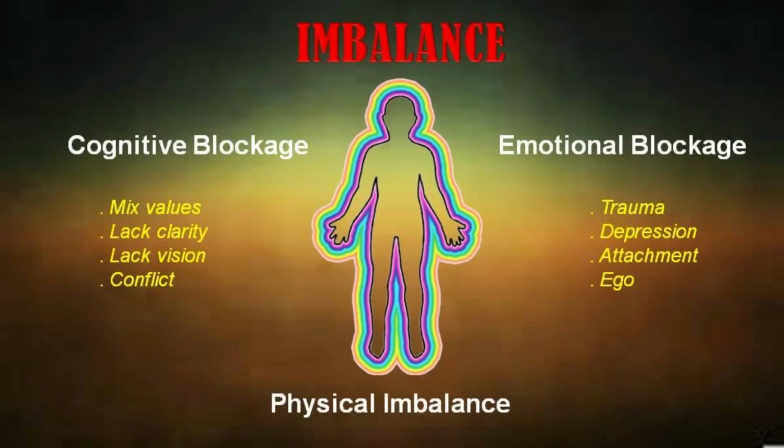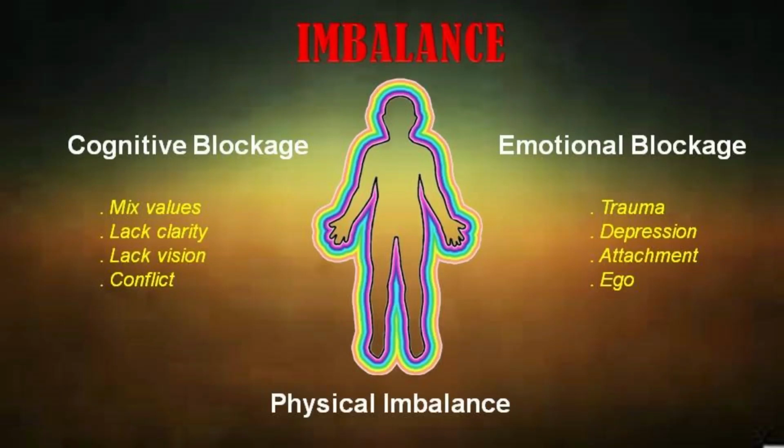Emotional blockages are traumas, depressions, attachments, egos, and engagements that you are not able to let go. Even things like not forgiving someone, or still visualizing an incident that is not good for you, a negative incident. All these things cause imbalance in your energetic system.